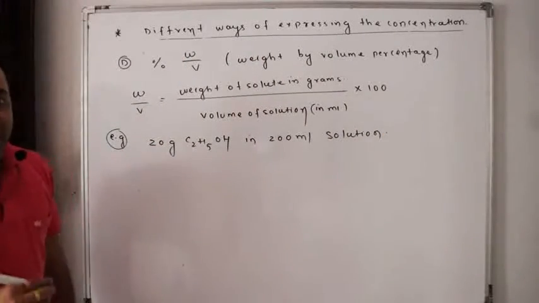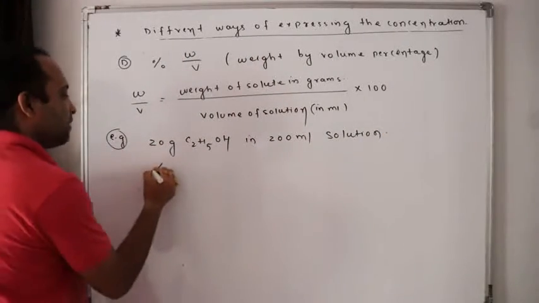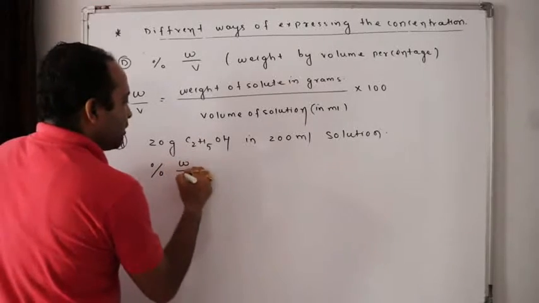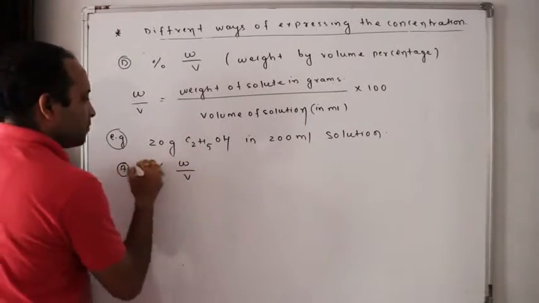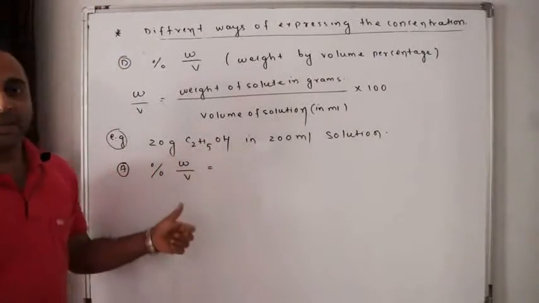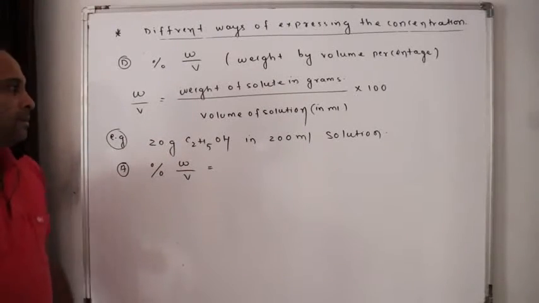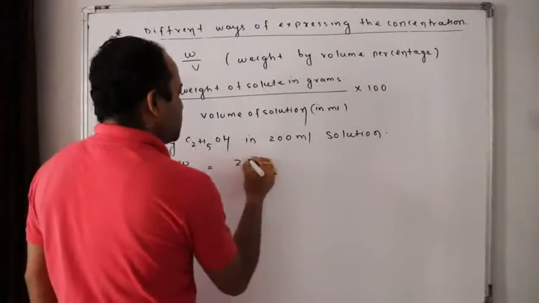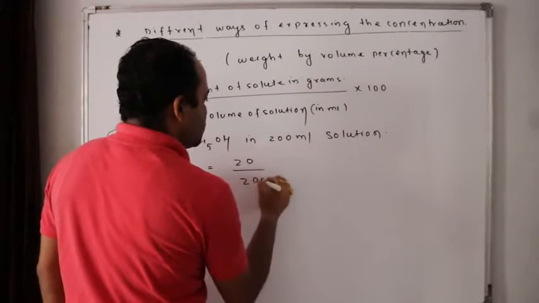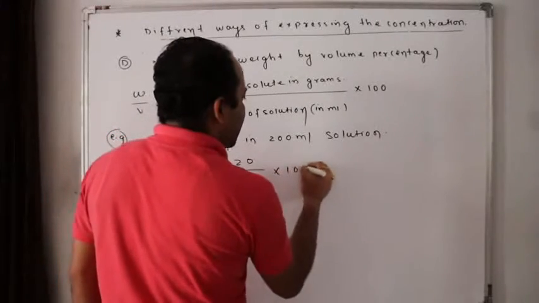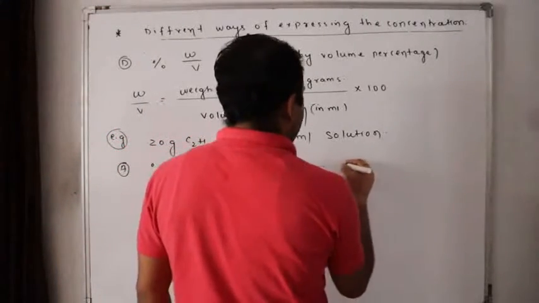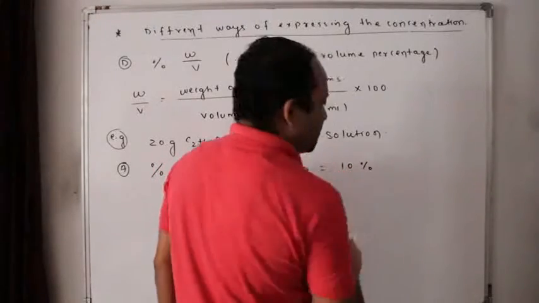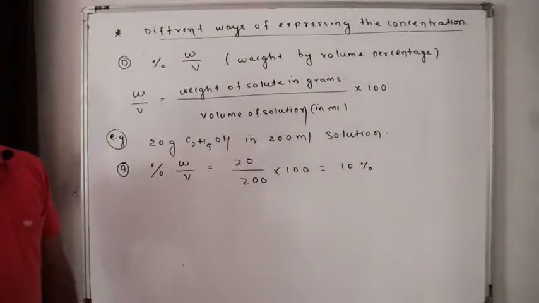Now the question comes, what is the percentage weight by volume? Simple. 20 by 200 into 100. It comes how much? 10%. Say yes or no?